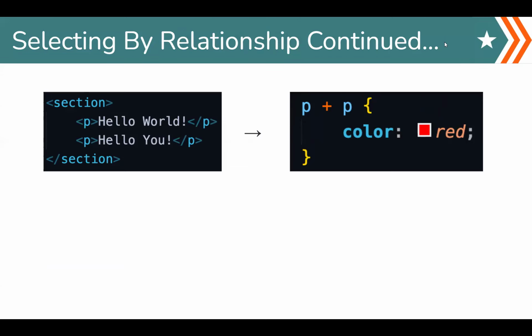What about this one? I don't know. It looks like it's saying if there's a p directly followed by another p, then turn them red. Say that again. If there's two p tags, one after the other, change their color to red.